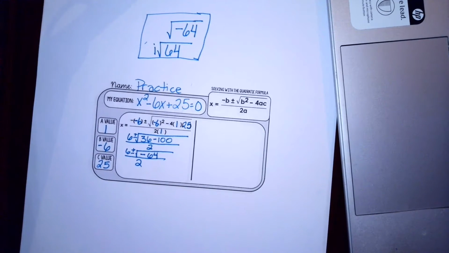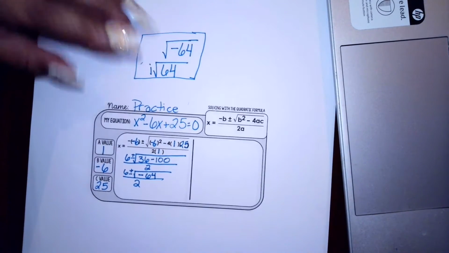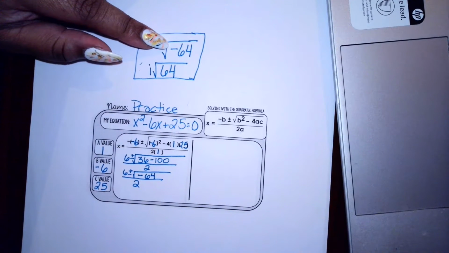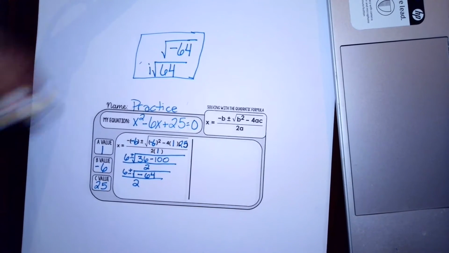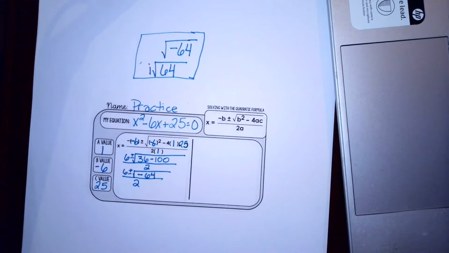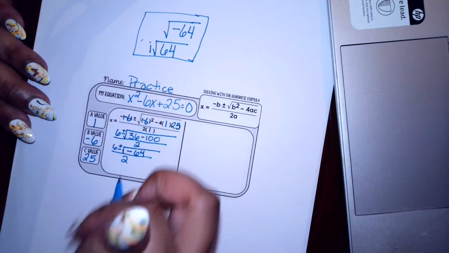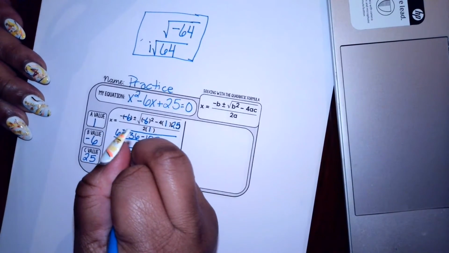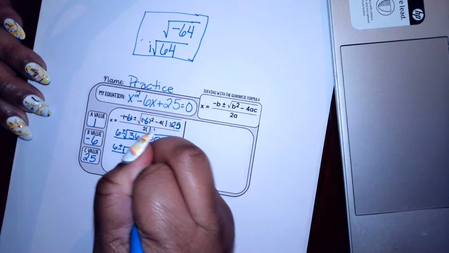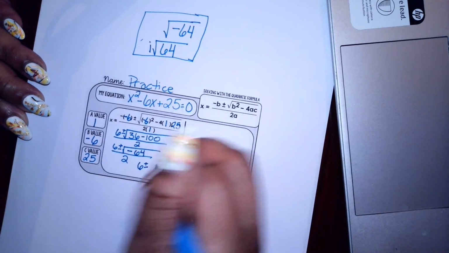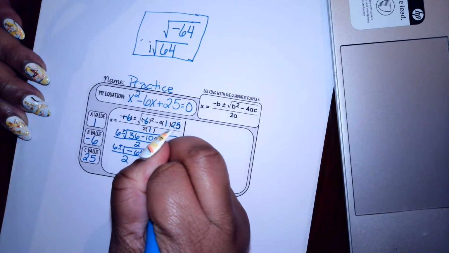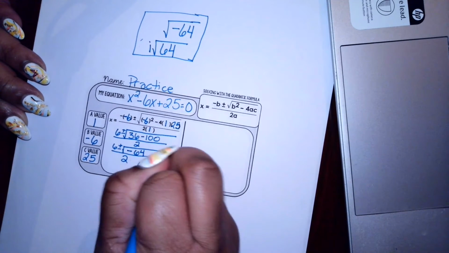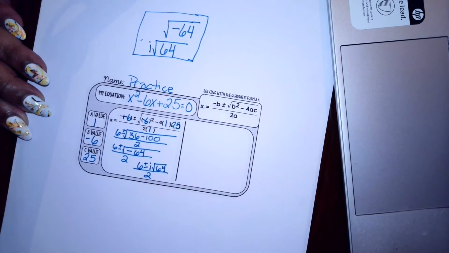When I see this negative, and I'm looking up here at the exact same number, what are we going to do? We're going to pull out the negative symbol and use our imaginary number. So what we'll end up having is 6 plus or minus i radical 64 over 2.